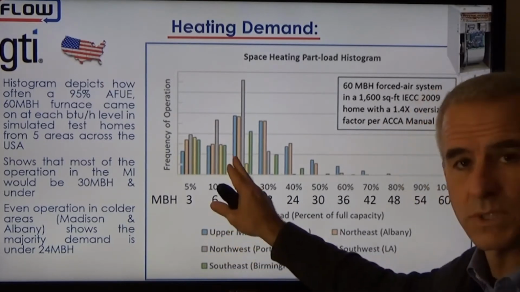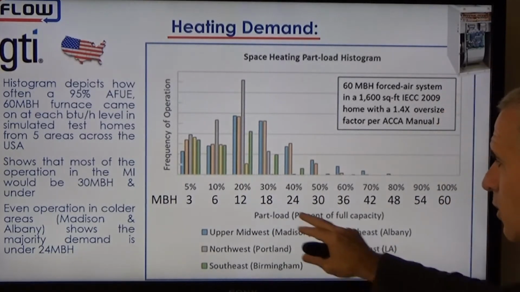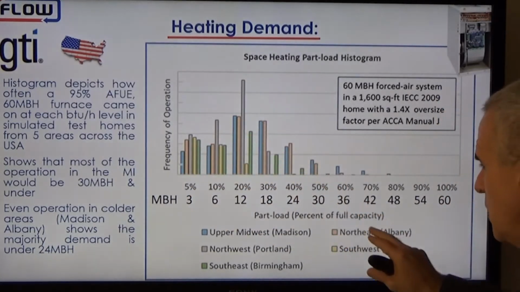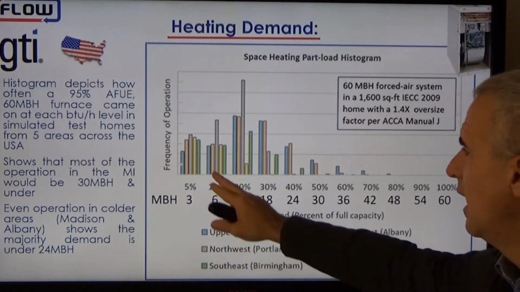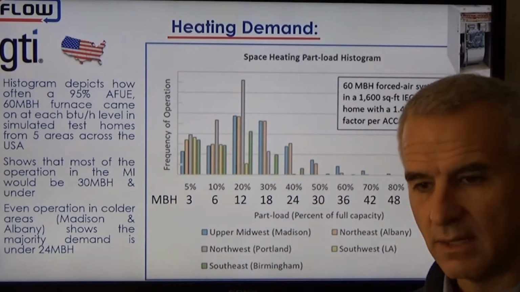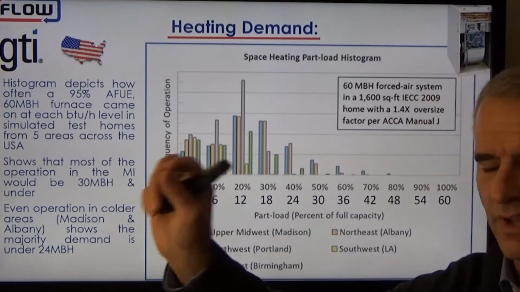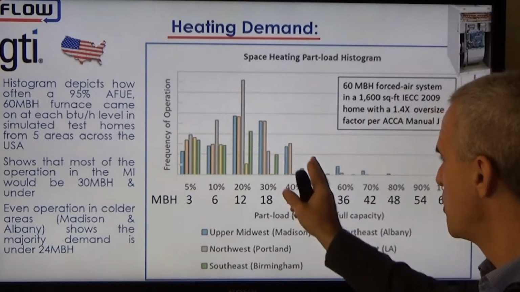Blue is Madison, Wisconsin, so they've got a fairly significant winter. We have Albany, New York, again, significant winter. Then we have Portland. Portland would be representative of the Northwest, so you're looking at Seattle, Portland, Oregon, and Vancouver, would be representative on that curve.